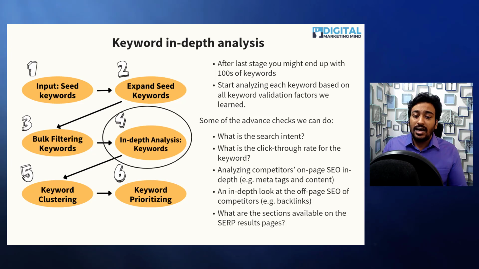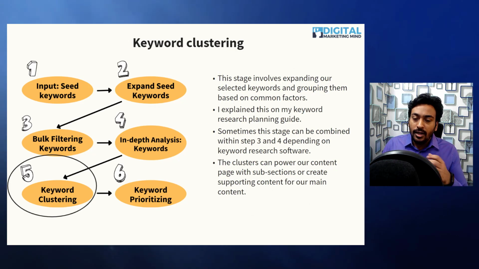Some of these advanced checks we can do include identifying the search intent to see whether that is matching, what the click-through rate for the keyword is, analyzing the competitors' on-page SEO depth and also their off-page SEO depth, and what the SERP results look like. So these are the usual advanced in-depth research we will do when thinking about whether that keyword is suitable or not.